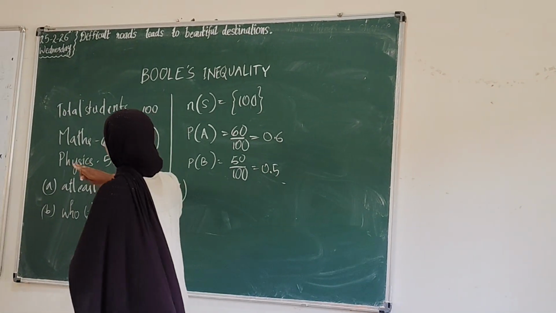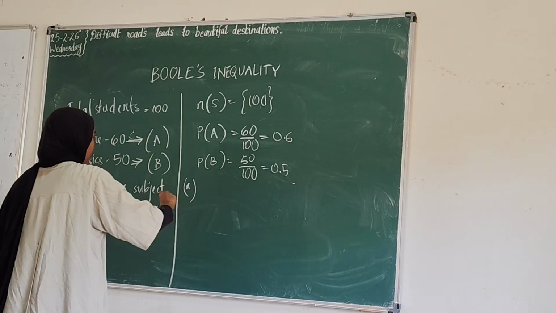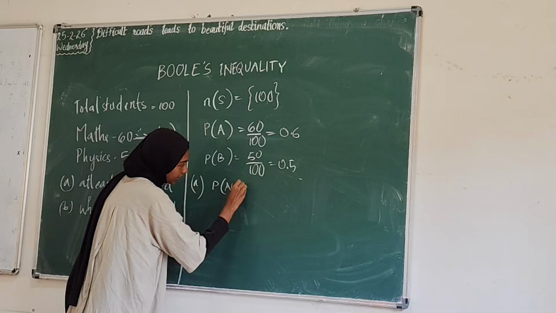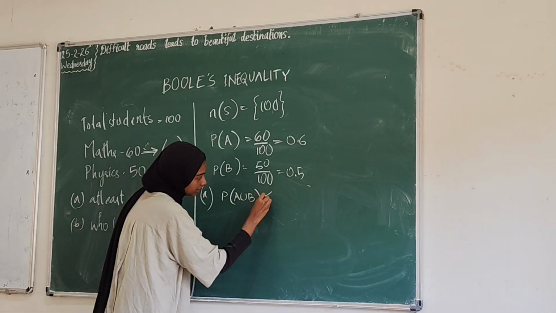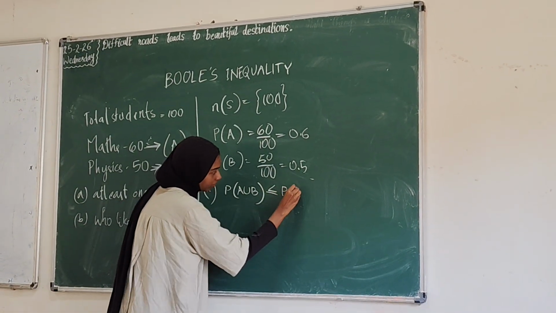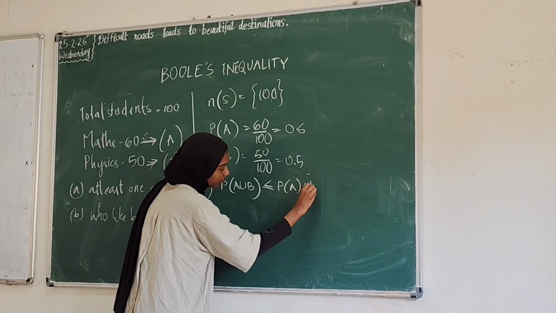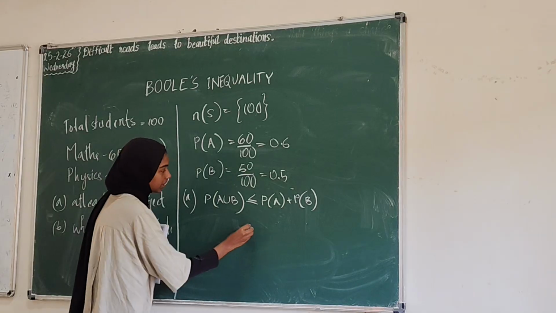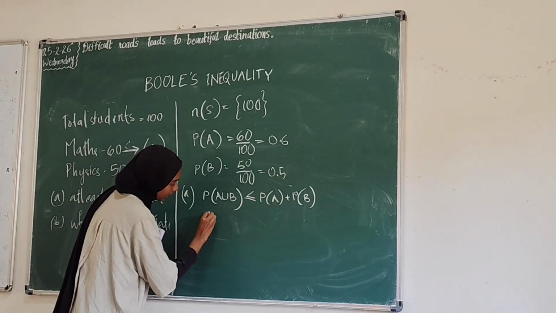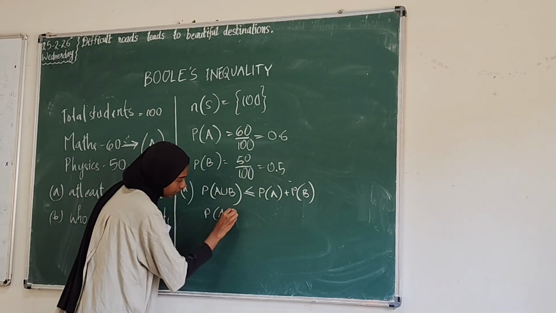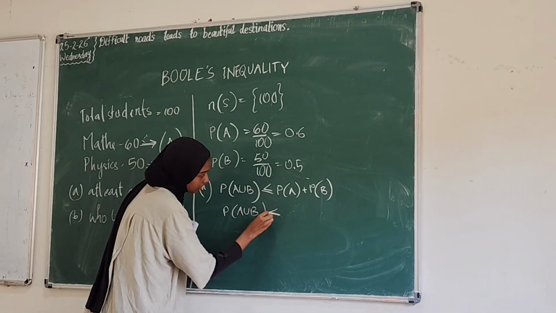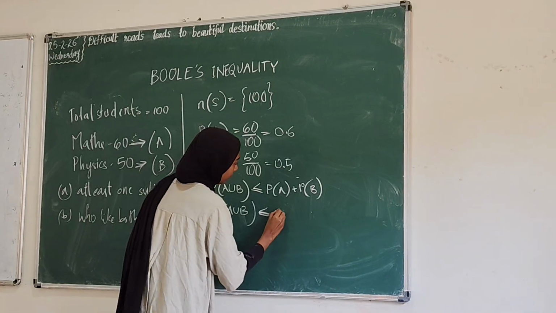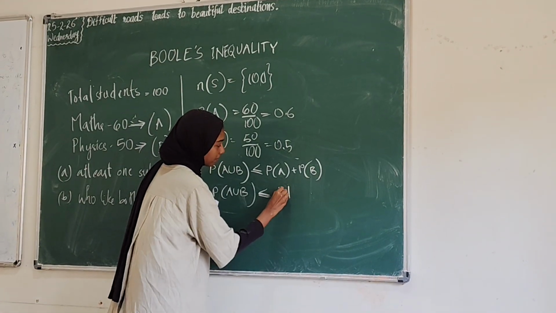So we have to use the first inequality, that is P of A union B is less than or equal to P of A plus P of B. Using this equation, we get P of A union B is less than or equal to 0.6 plus 0.5, which is 1.1.